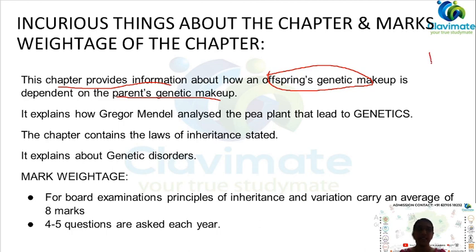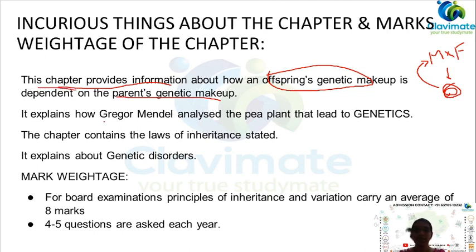That is, we have mother and father, which will give rise to an offspring. So the offspring's genetic makeup is dependent on the parents' genetic makeup. So this is what is explained in this chapter.